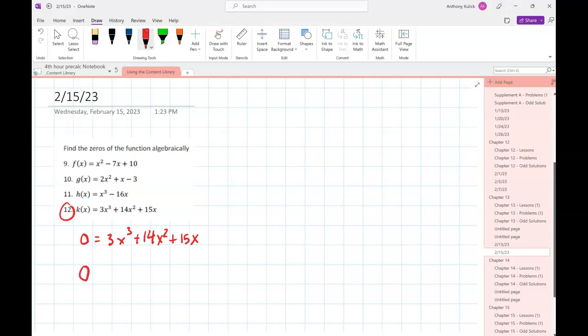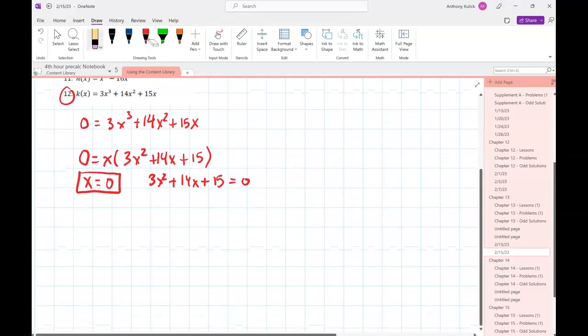Very good. Oops. X. Now we can apply the zero product property. And clearly x equals 0.